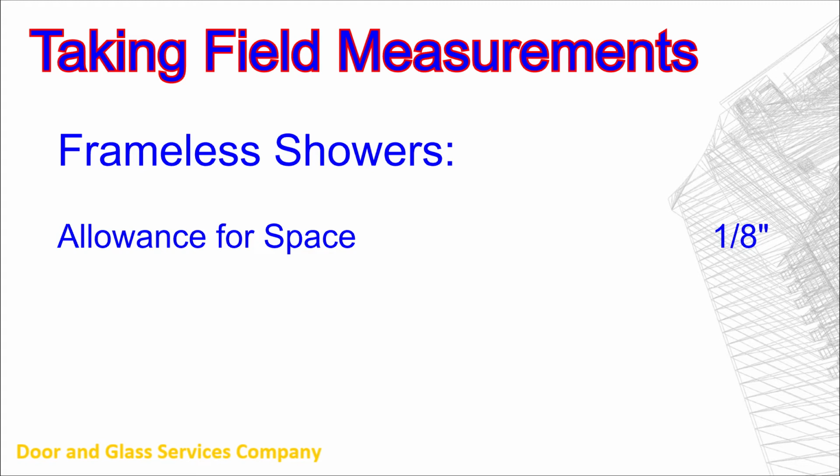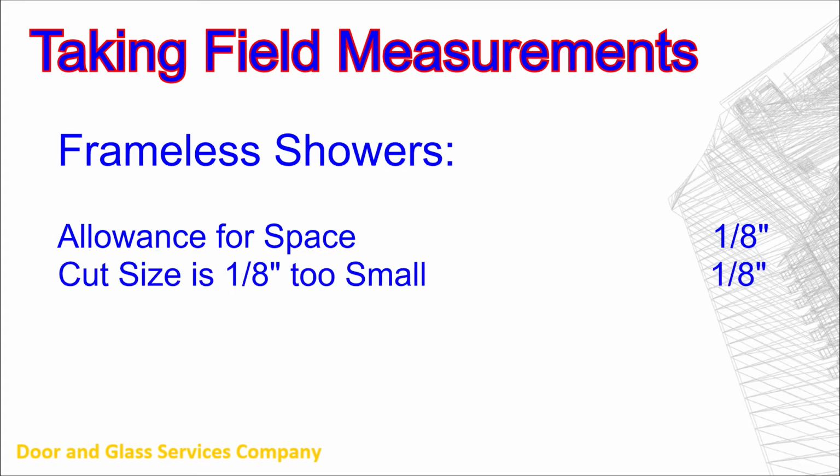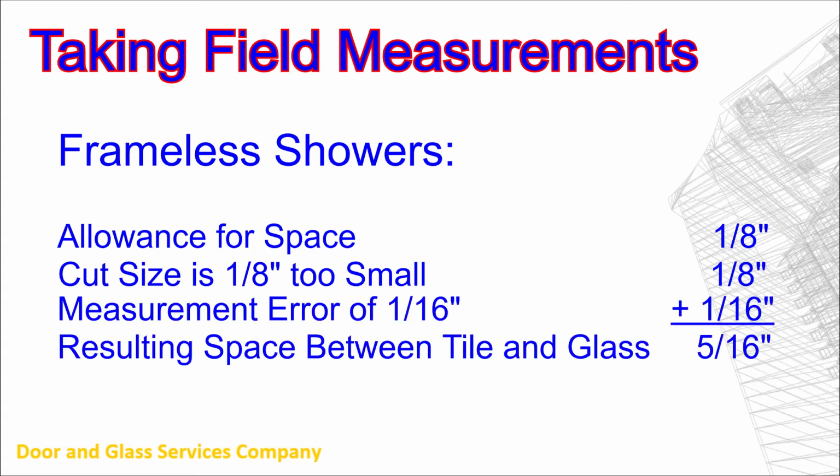In the case of showers, we're allowing 1/8 of an inch between the tile and the glass. If the glass happens to be cut 1/8 of an inch smaller than the size that we order, then we would have a 1/4 inch gap between the tile and the glass. If we measured a 1/16 of an inch too small in the dimension and a 1/16 inch measurement error is acceptable, then those things would combine to have a resulting 5/16 inch space between the glass and the tile.